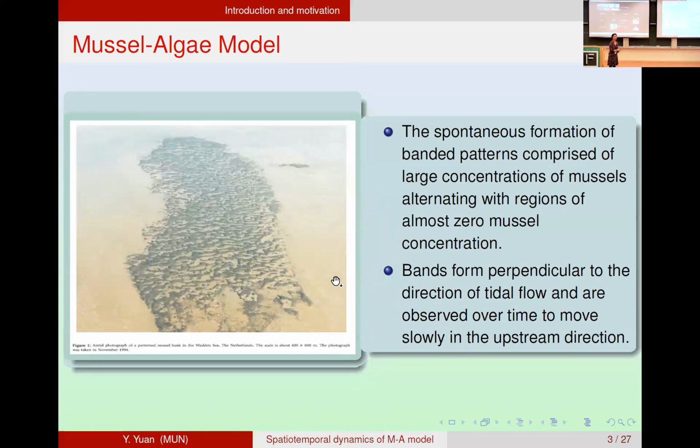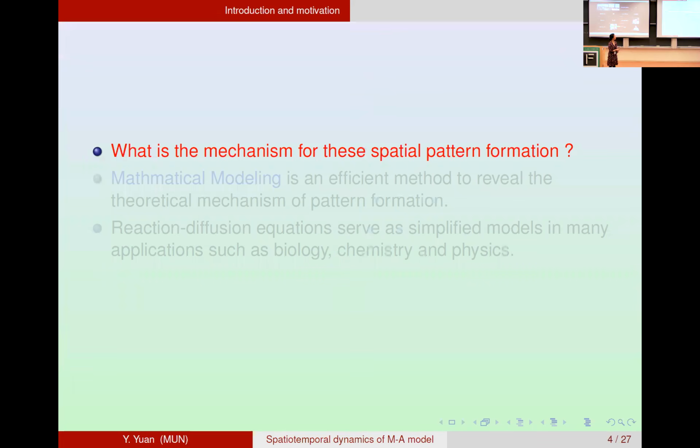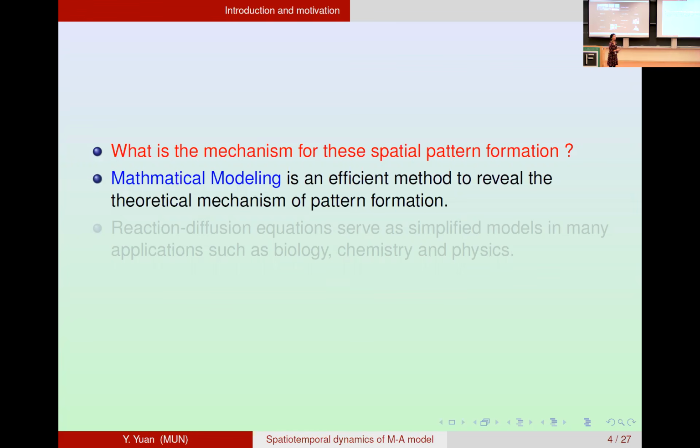Many people want to know why there is this kind of pattern. For us, from a dynamical point of view, we'd like to know what the mechanism is for such spatial pattern formation. Since all of us are mathematicians, we know mathematical models are a good way to study theoretical mechanisms for pattern formation.